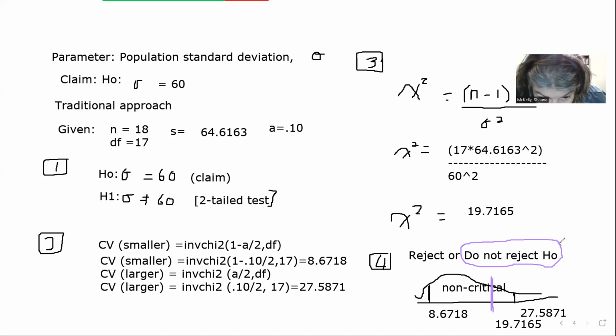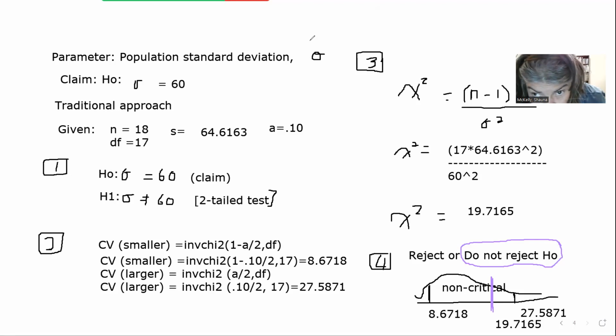Now, step 5 is to make our decision. So I'm going to stick step 5 underneath on the whiteboard here because I don't want to start a brand new whiteboard just to write step 5. So I'm going to sneak step 5 down here.